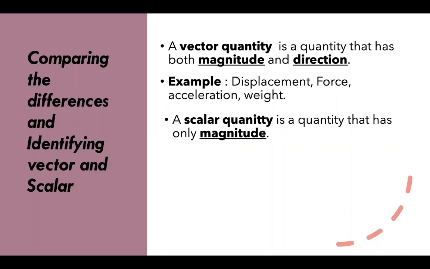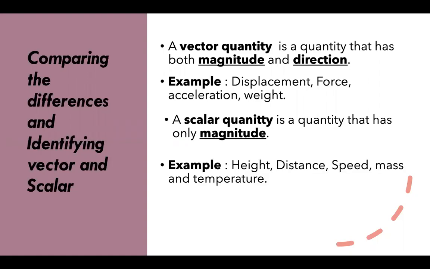So what's the difference between scalar and vector? One has direction, the other one has no direction. Vector has magnitude and direction. The examples for scalar quantity are height, distance, speed, mass, and temperature.